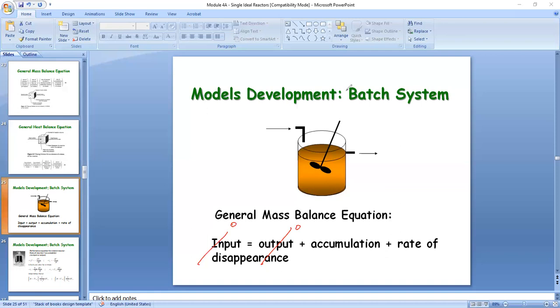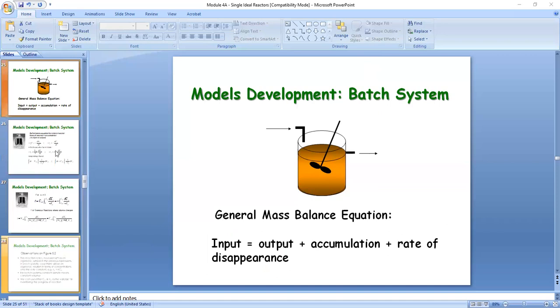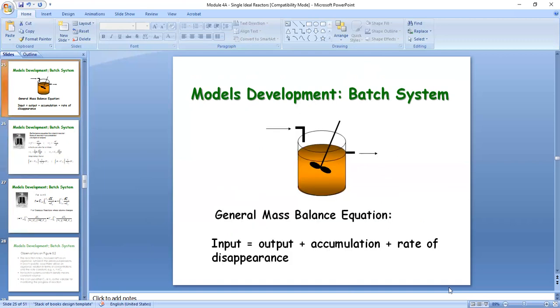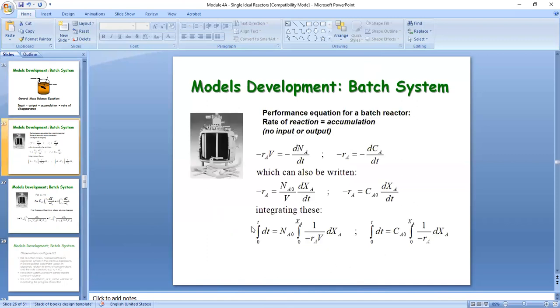Okay, so I will erase my markings here. Now, if we take out the input and the output, then I'll proceed to the next slide. The rate of reaction is equal then to the accumulation. This rate of the reaction or the rate of disappearance is equal to the accumulation.